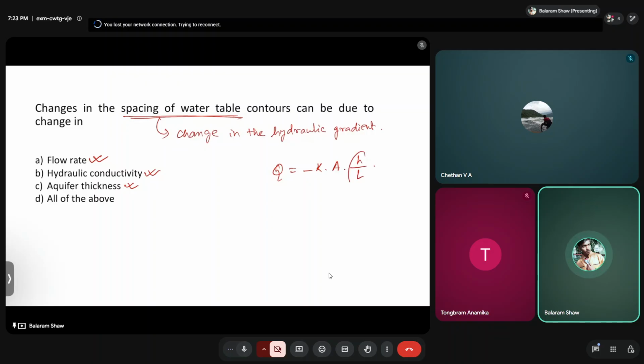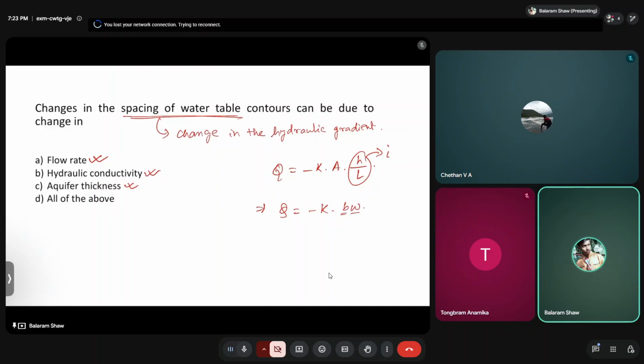Here we can write this as the hydraulic gradient, I. So Q equals minus K, A you can write as B into W, where B is the thickness and W is the width, into I.